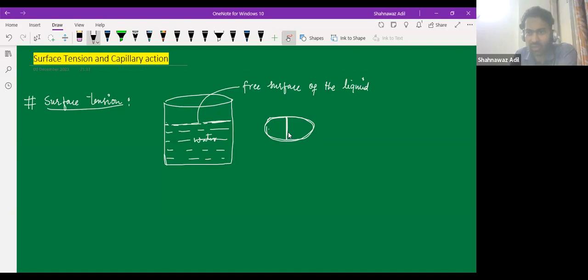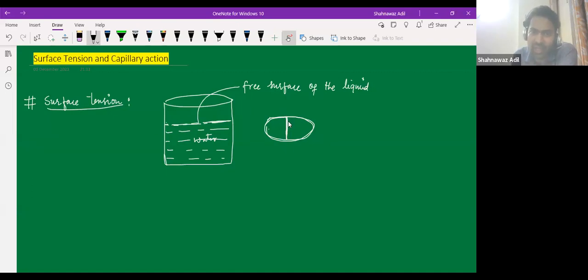The needle is iron. So whose density is more, needle or water? Yes? Sorry, sir. So let's say you have this water surface, free surface of the water, and then you put some nail, some needle on this surface.